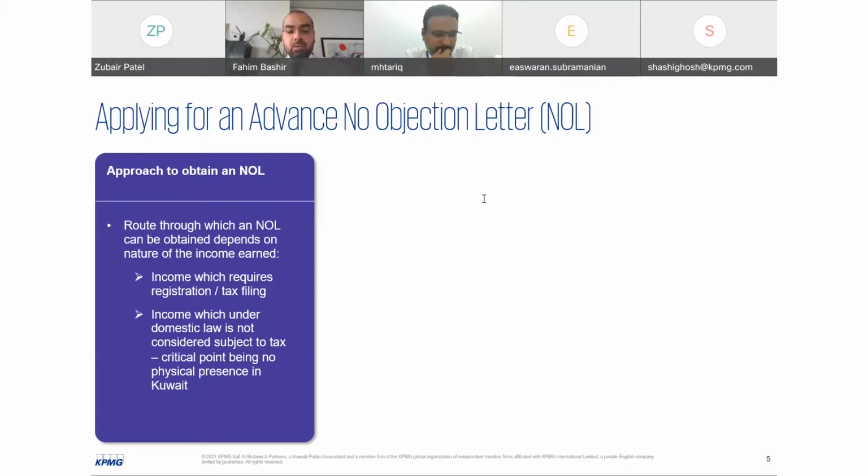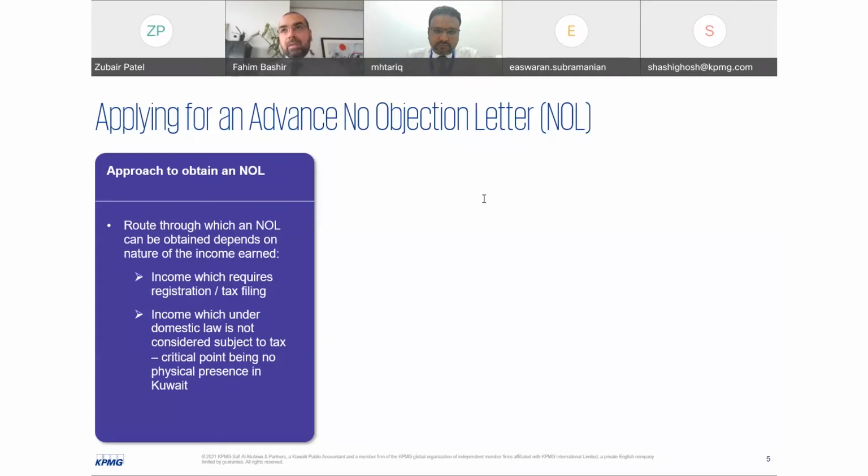So the tax authority will only look at an executed contract. And once you have an executed contract which you believe is not taxable, then you may apply to the tax authority and request a no objection letter for the life of the contract. And that we have also seen in practice being applied and issued by the authority.